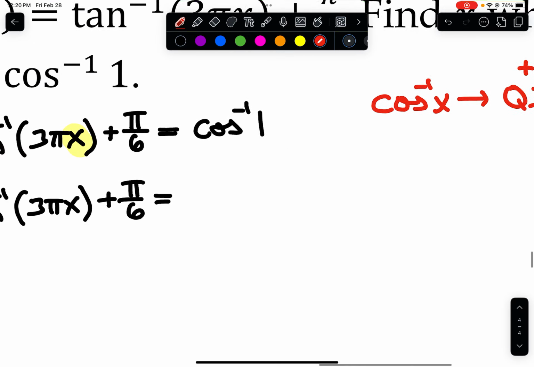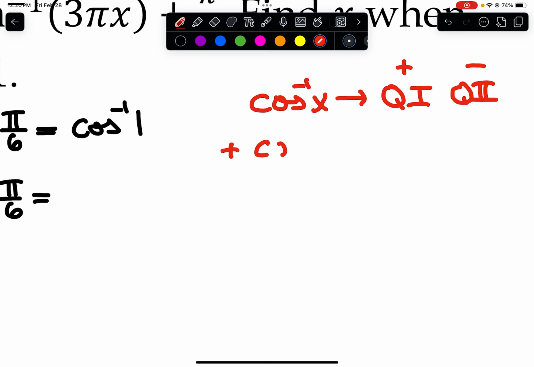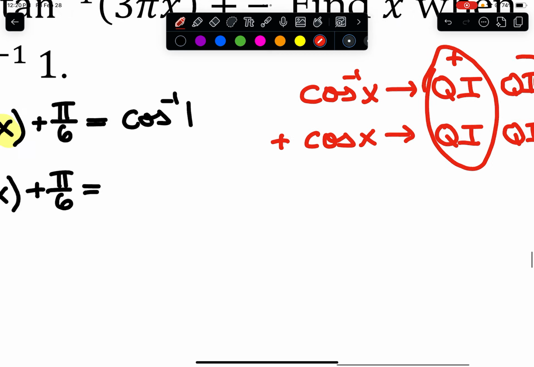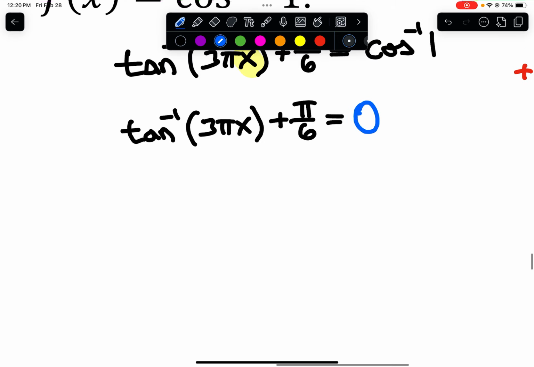But we're evaluating when cosine is positive, since it's positive 1. So cosine is positive in quadrant 1 and in quadrant 4, which means we need to work in quadrant 1. So your value where cosine is equal to 1 is going to be at the radian of 0.